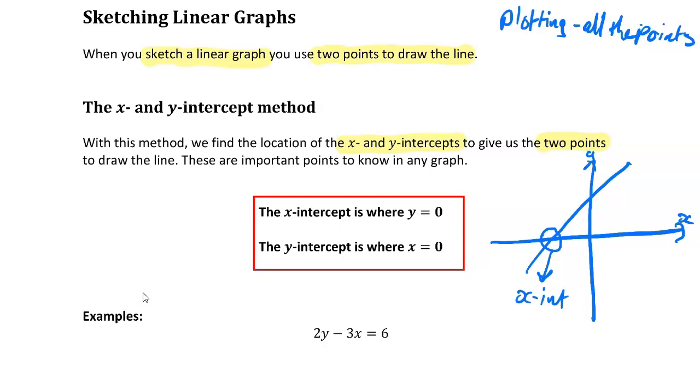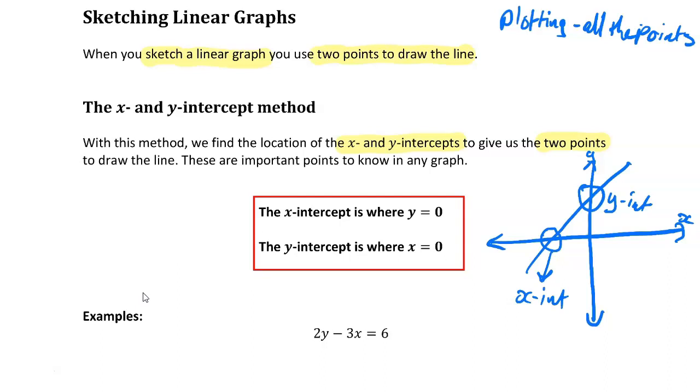Everywhere along the x-axis, y is equal to 0. And so our y-intercept occurs where x equals 0. So that's our y-intercept. And x equals 0 everywhere along that y-axis.